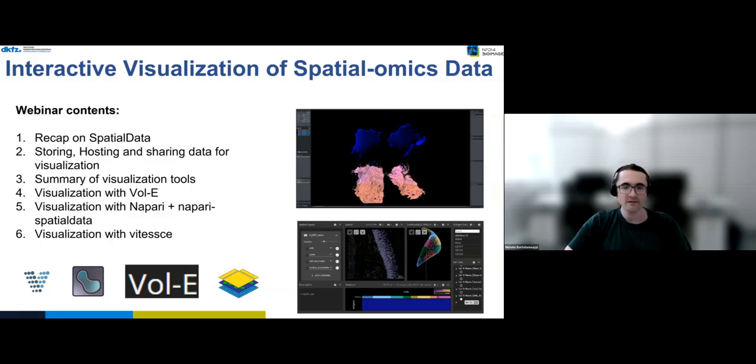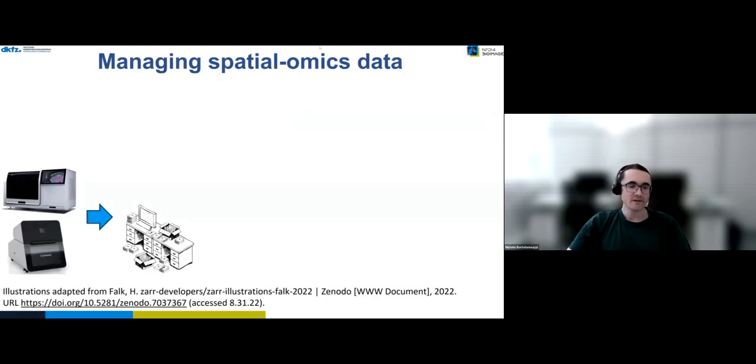So now we can start. Why am I starting from the managing of spatial omics data? This is because it's not exactly trivial. Currently, datasets are tens, hundreds of gigabytes, now slowly moving towards the terabyte range.